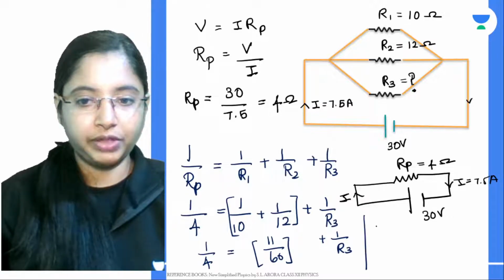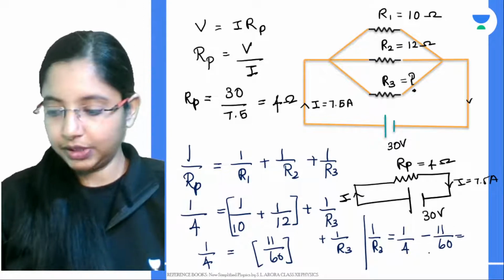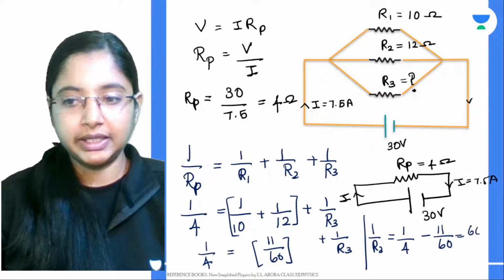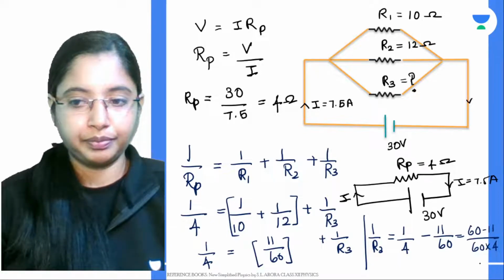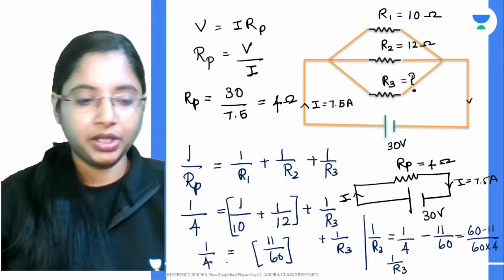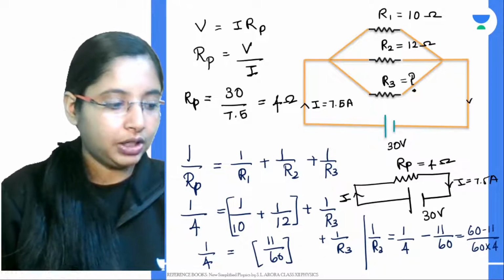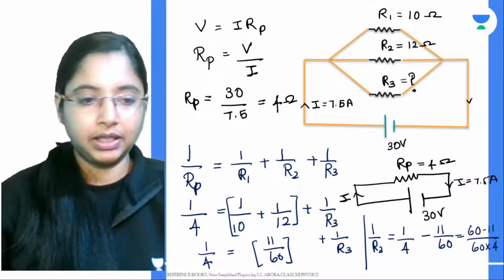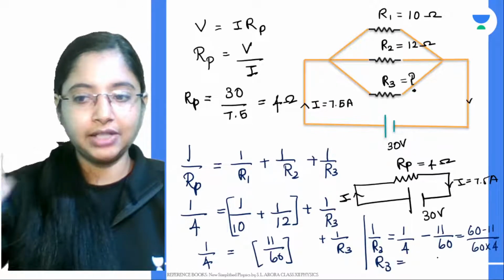Now from here, we take 1 by R3 to one side and the other two to the other side. This will be 1 by 4 minus 11 by 60. Again we can cross multiply, so this will be 60 minus 11 divided by 60 into 4. So 1 by R3 is this value. If I want R3, it will be the inverse of this value, so we can just cross multiply.